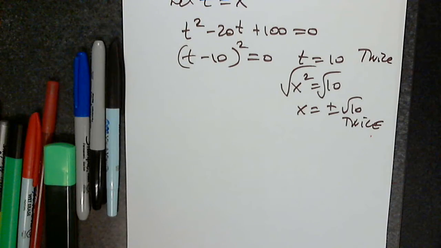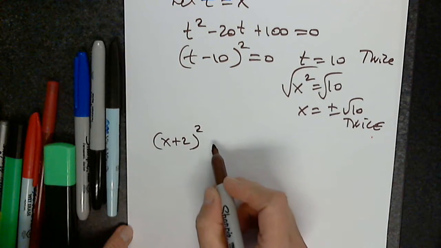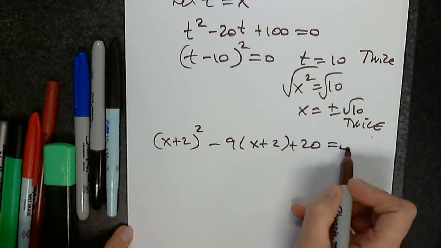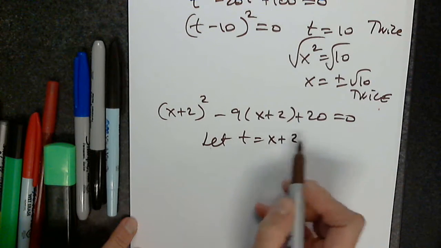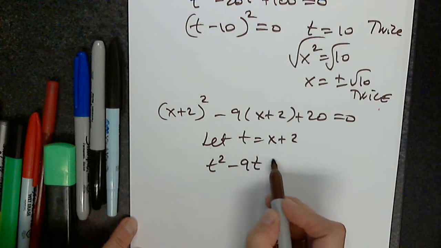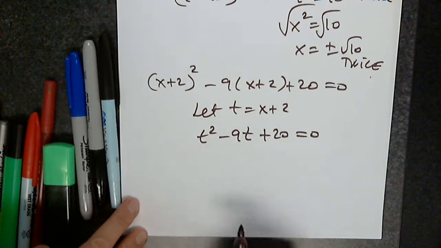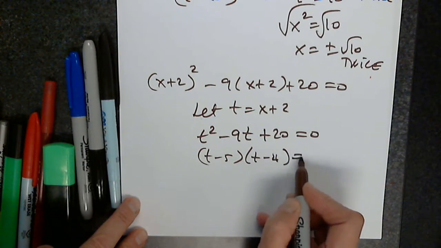Now for the other one, x plus 2 squared minus 9 times x plus 2 plus 20 equals 0. I will say let t be x plus 2, so then this is t squared minus 9t plus 20 equals 0. And I factor into t minus 5 and t minus 4.